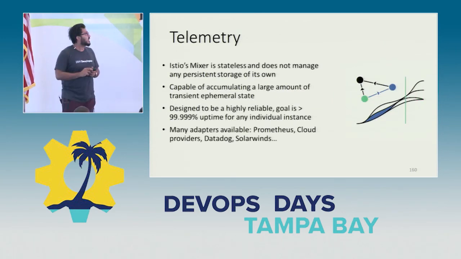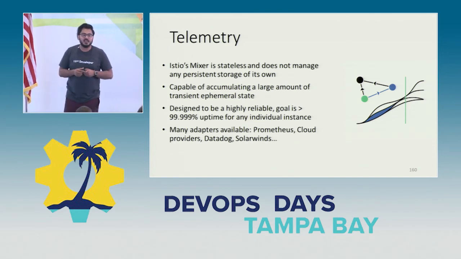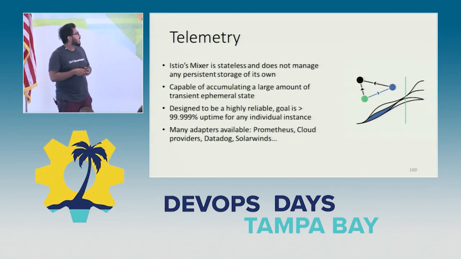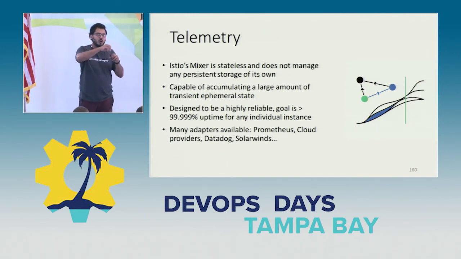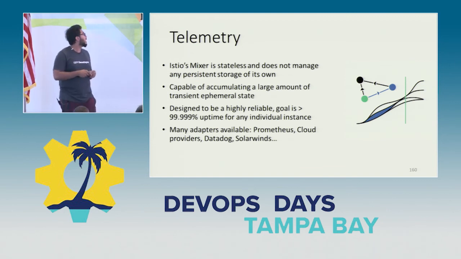Telemetry, this is, I think, one of the biggest features of Istio. If your application has these headers set up, you can collect telemetry without changing your code at all, without having instrumentation at the code level. You can collect things like who called the service, how long it took, if it failed, why it failed, who was the last person it talked to, and things like that.